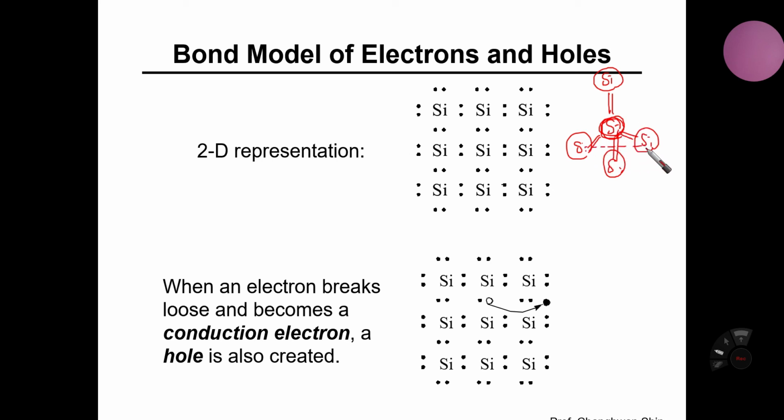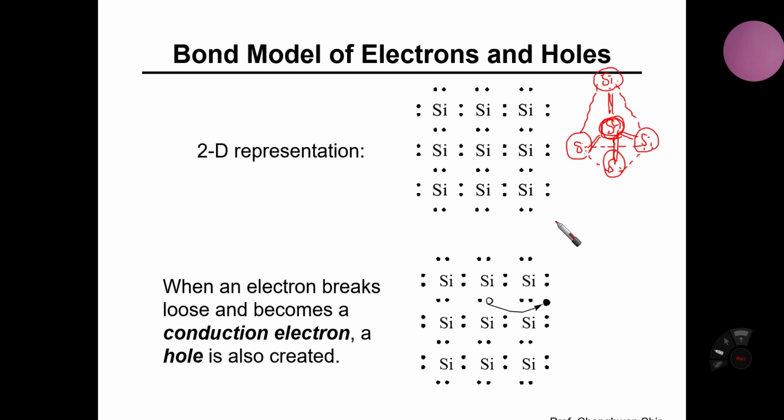Those silicon atoms are placed on the corners of a triangle. And if I connect the dotted line to the top silicon atom, then we have a tetragonal structure.